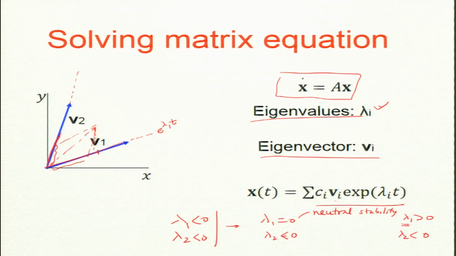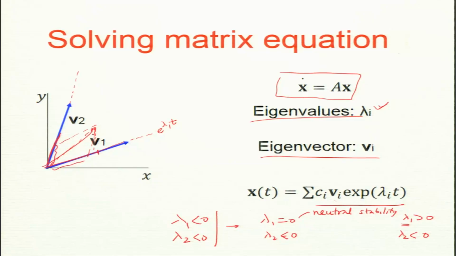Lambda being negative is decay, lambda being positive is growth, lambda being complex could have oscillations. Now, if it is a combination of the two, so my initial condition is let us say somewhere here, then it will not grow along that line, it can go in some different direction depending on how much contribution it gets from V1 and V2.